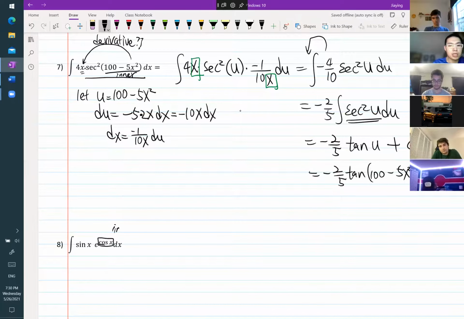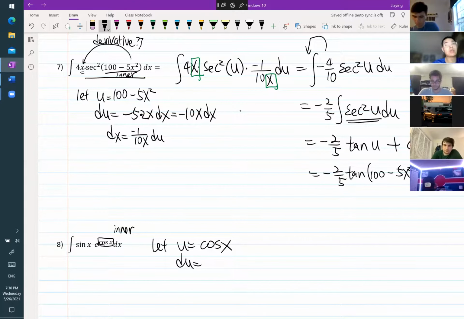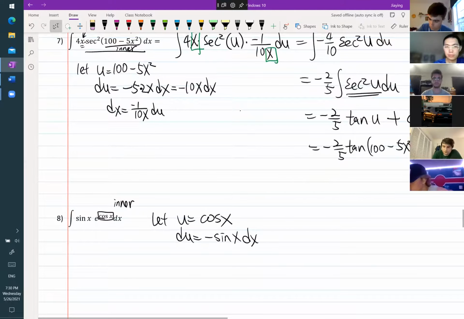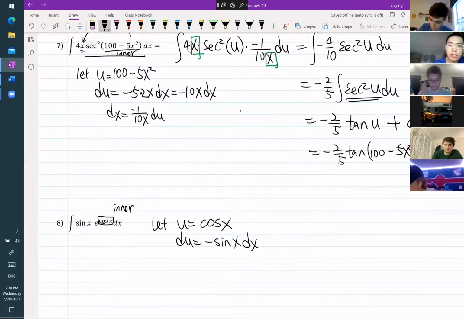So you're going to let u equal cosine x. So du is equal to the derivative of cosine, which is negative sine x dx. To solve for dx, we get dx equals negative 1 over sine x du.